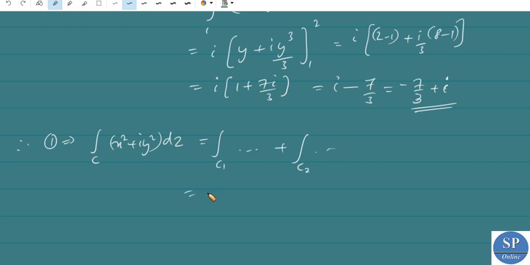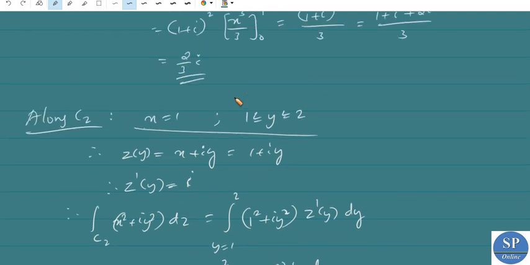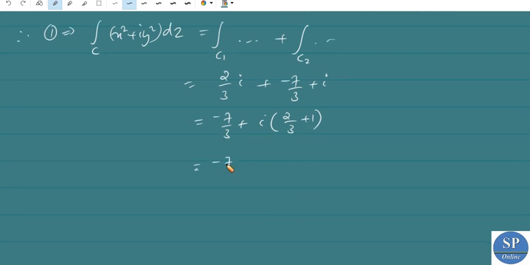So along c1 we have the value 2 by 3 i, plus the integral along c2, which is minus 7 by 3 plus i. So this is minus 7 by 3 plus i into 2 by 3 plus 1, which is nothing but minus 7 by 3 plus 5 by 3 i. So this will be the integral of x square plus i y square along the curve c.